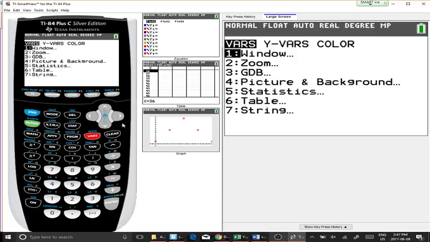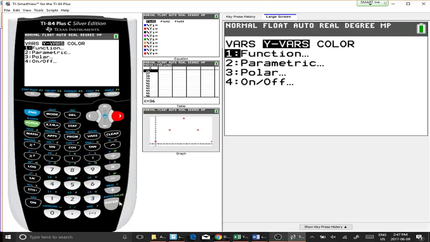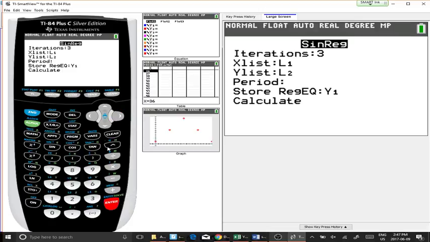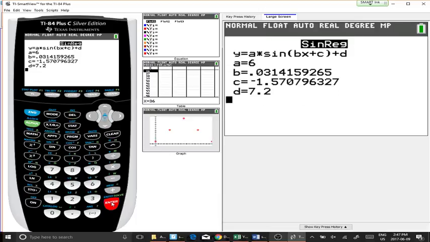We're going to go vars, y vars, function y1 here. And let's hit calculate. Let's see if we can do that without entering the period. And we can. That's what we get right there. That gives us our equation right there.